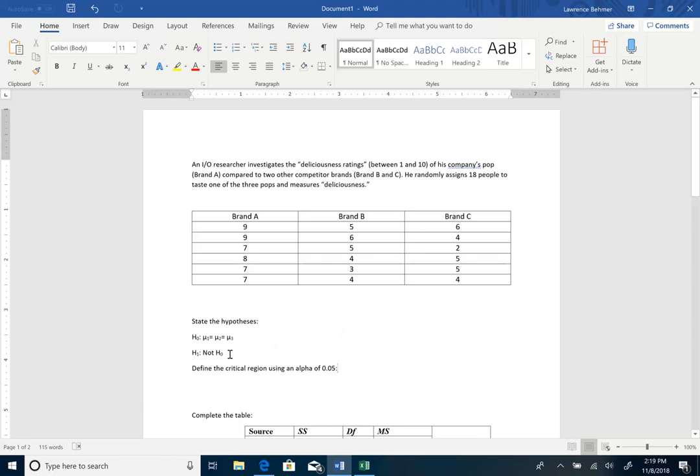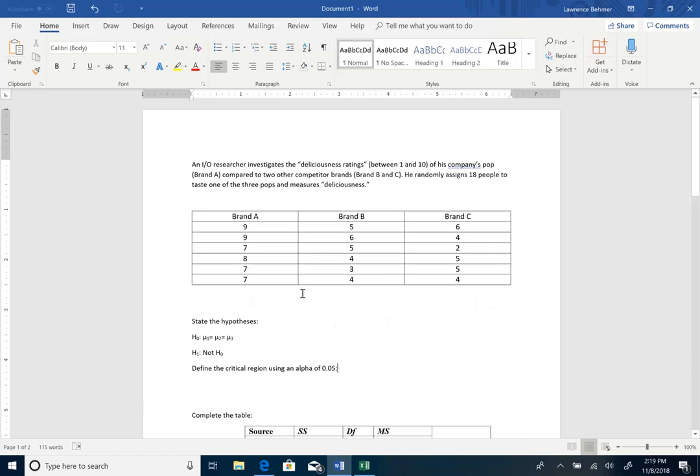Whereas the alternative is simply, okay, not the null, right? And because we're dealing with at least 3 means here, we can never really make a directional prediction in terms of specificity. If this was a real research question, we might have an idea of what mean we might think would be better or different. But when we're talking about statistical notation, we're simply saying there's going to be a difference somewhere, right?